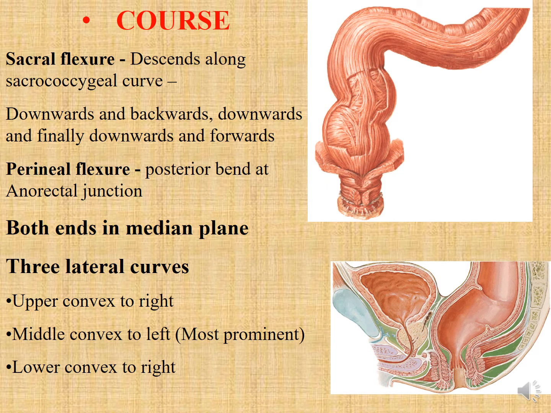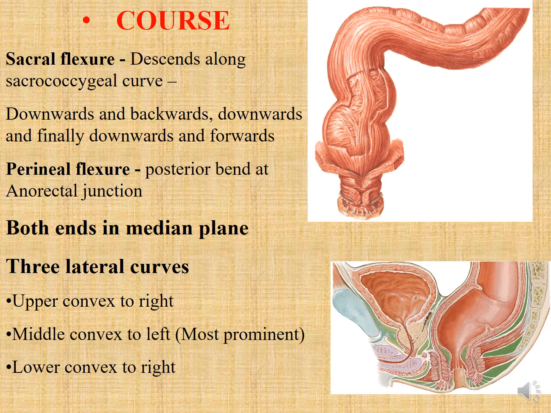What is the course and its direction? It has certain flexures. As I've already told you, it is not a straight structure. One is the sacral flexure and the second is the perineal flexure. First of all, what about the course?